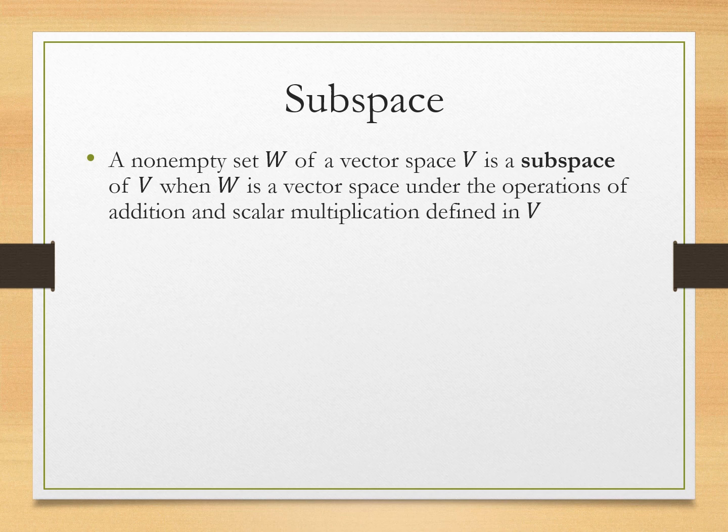So a non-empty subset W of a vector space V is a subspace of V when W is a vector space under the operations of addition and scalar multiplication defined in V. So you have a vector space V, and you have another vector space W inside.